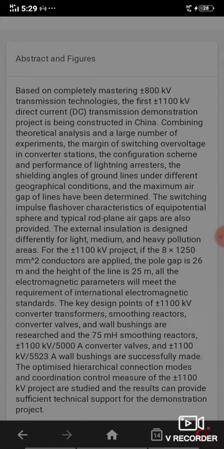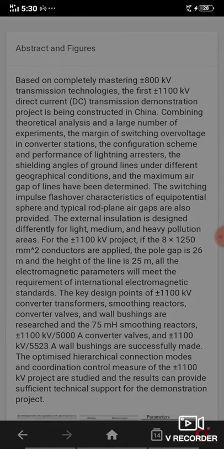If the 8 cross section mm conductor are applied, so the pole gap is 2.5 nanometer, and this is the biggest margin ever.